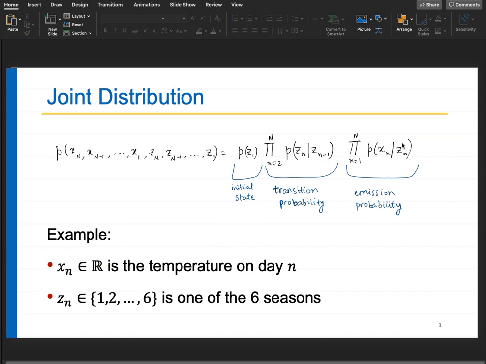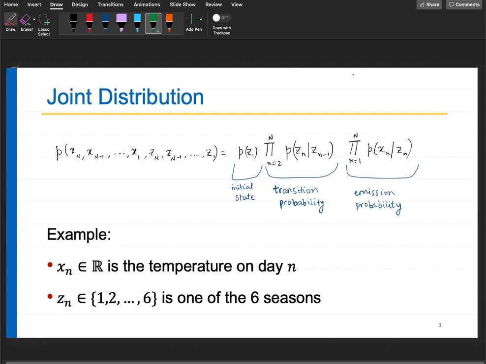Let us say you have a particular state S which is changing with time, and each state can give rise to an observed phenomenon. This is something we saw in the last class.